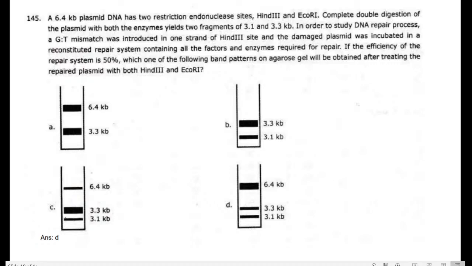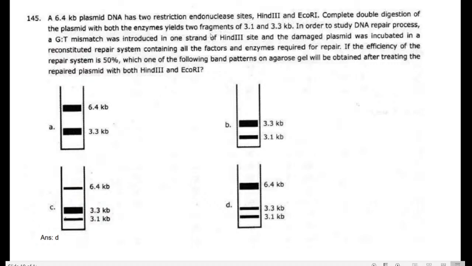If the efficiency of the repair system is 50%, which one of the following band patterns on the agarose gel will be obtained after treating the repaired plasmid with HindIII? Here the question is finished.